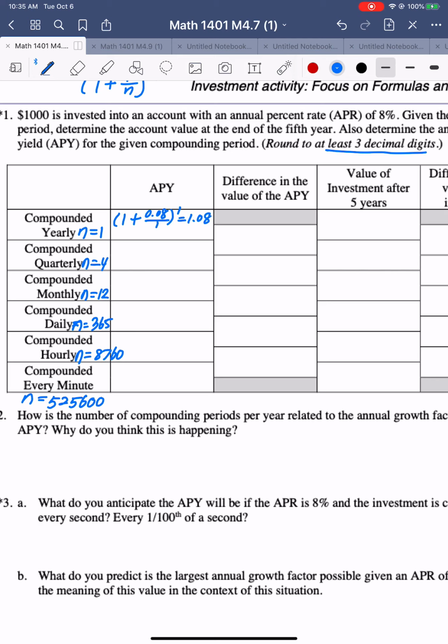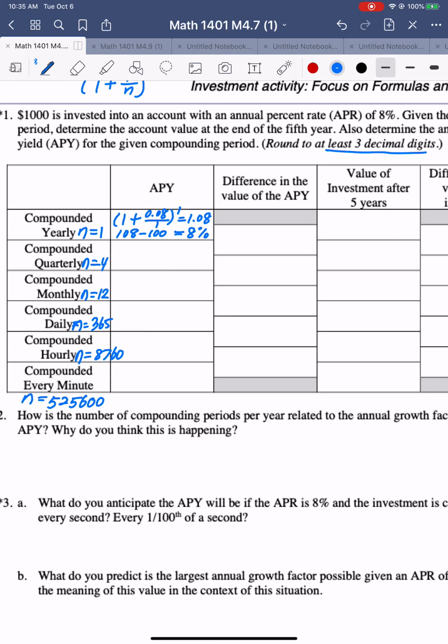To find the percentage, 1.08 is 108%, subtract 100, and it becomes 8%.